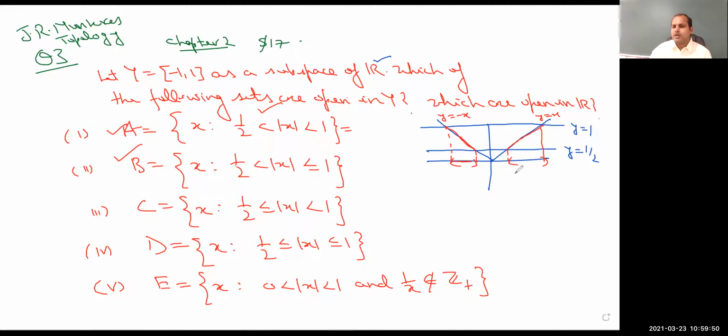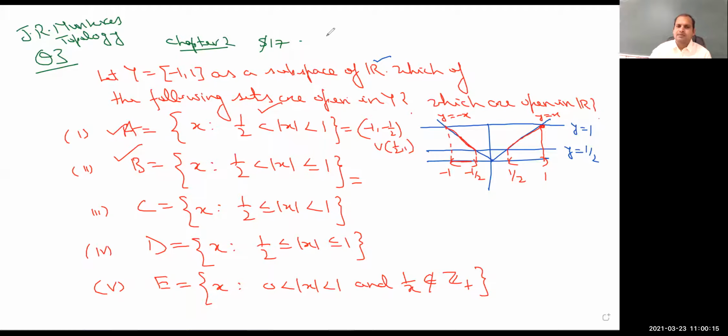On drawing you will get at half, the value of x will be half because x and y are the same, and here it will be 1. And similarly here I have minus 1 and this one will be minus half.